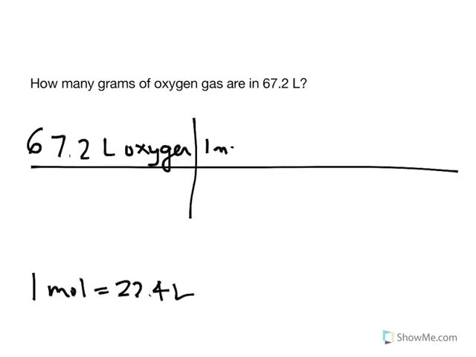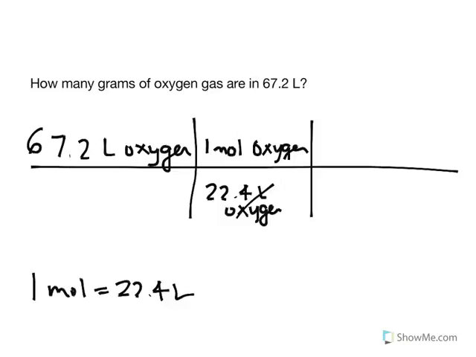So 1 mole of oxygen is 22.4 liters of oxygen. So right now, if we were to stop there, we would end in moles of oxygen, but I want grams of oxygen. So I need to now go to the periodic table, because 1 mole of anything is equal to the number from the periodic table in grams.